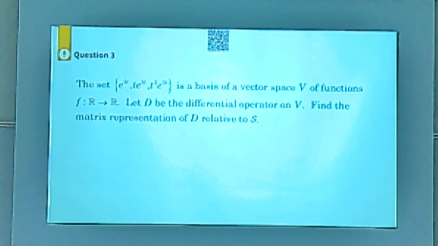So consider the vector space V of all functions from the reals into the reals. The set e to the 3t, t e to the 3t, t squared e to the 3t forms a basis for our vector space.